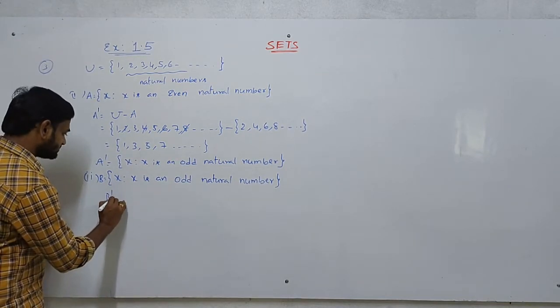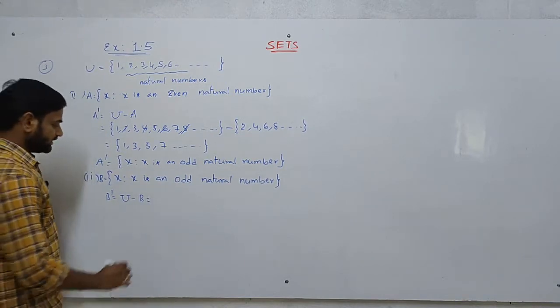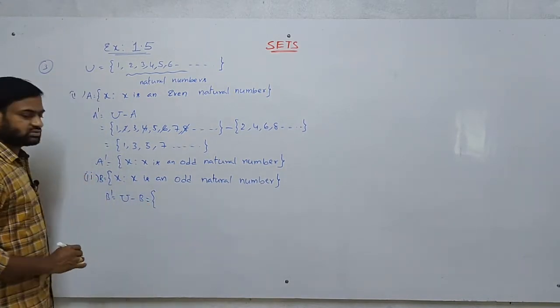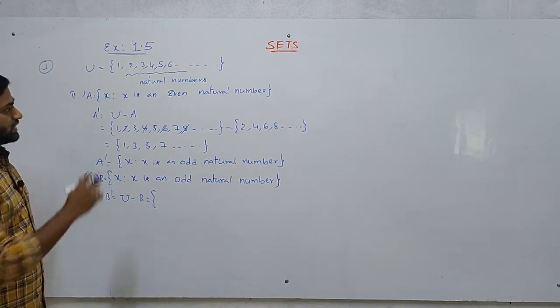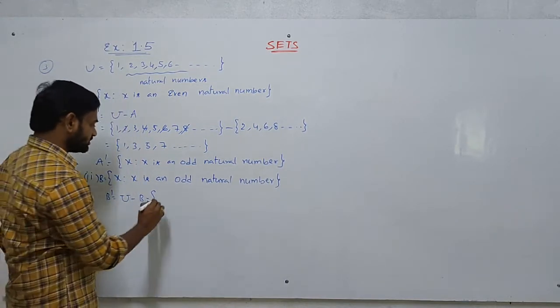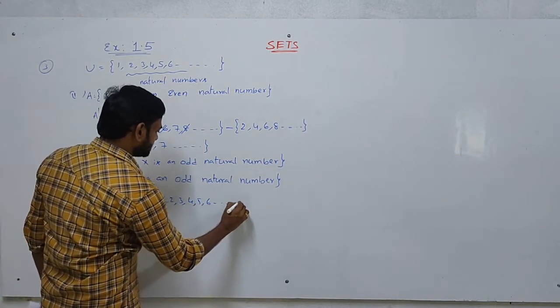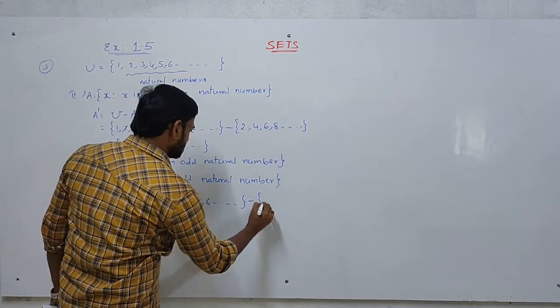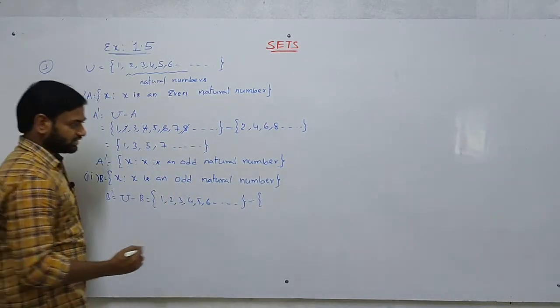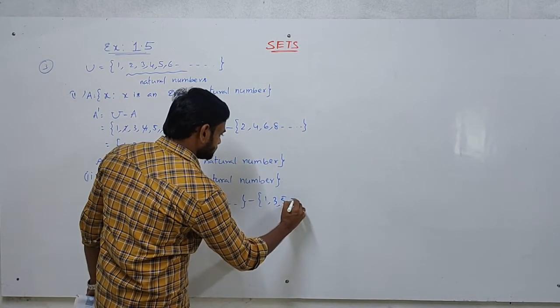That is U minus B. So what is the U? U is natural numbers. What are natural numbers? 1, 2, 3, 4, 5, 6 and so on. Minus what are the odd natural numbers? That is 1, 3, 5, 7 and so on.